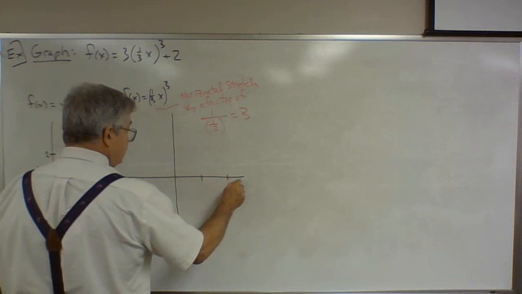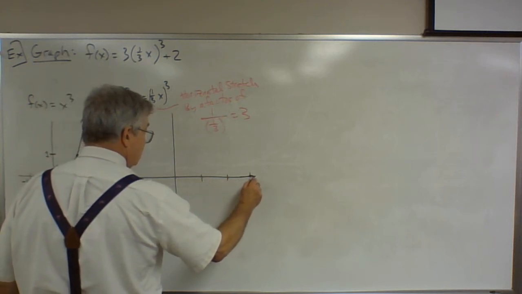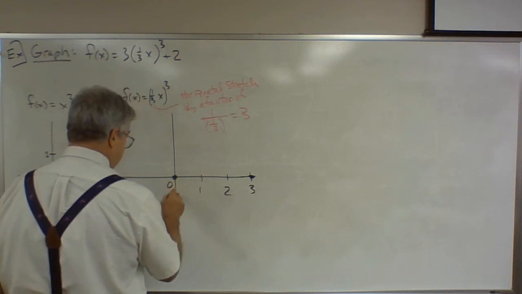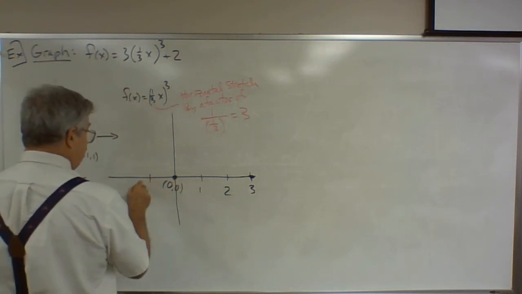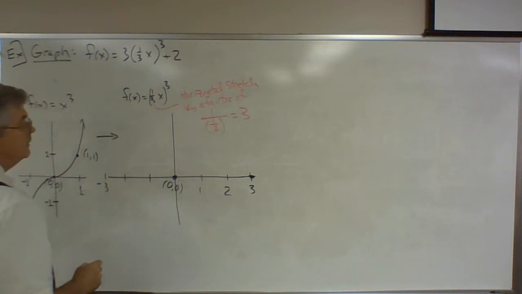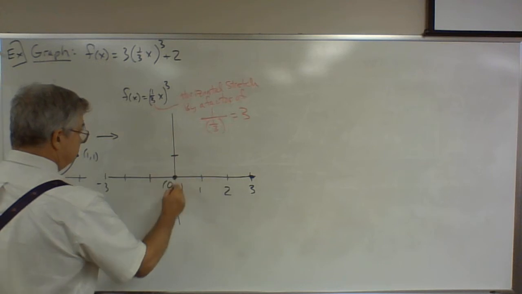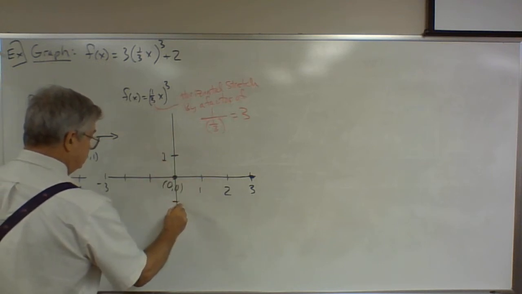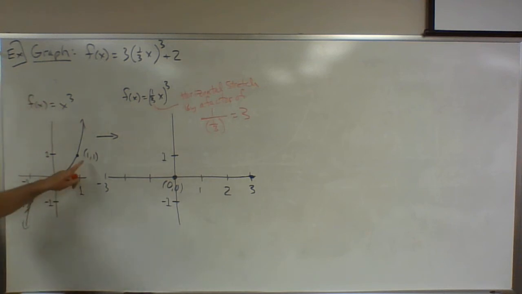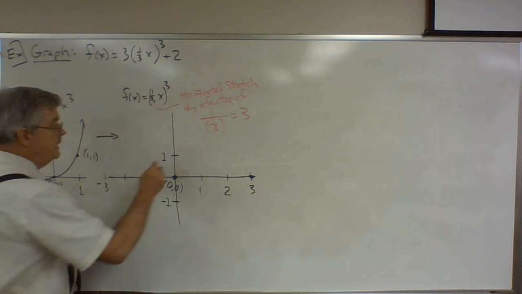So 1, 2, 3. -1, -2, -3. I'm going to take the x coordinate here and multiply it by 3.